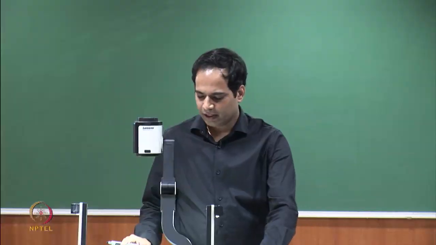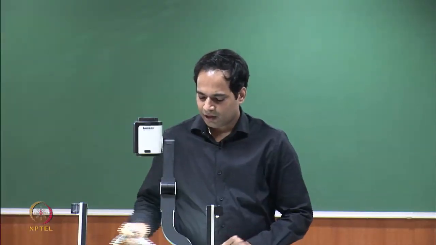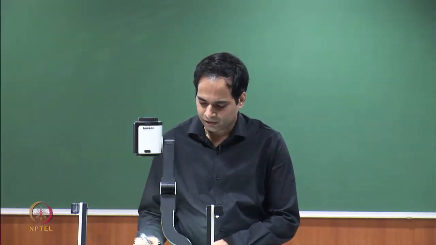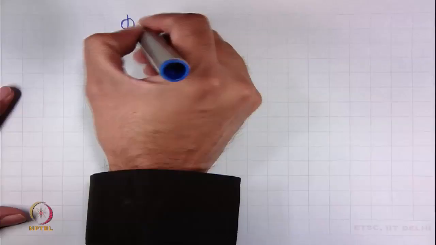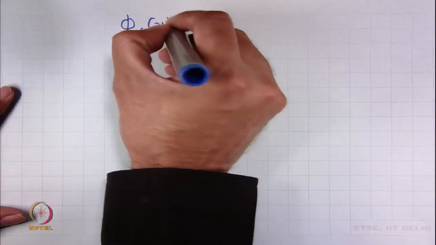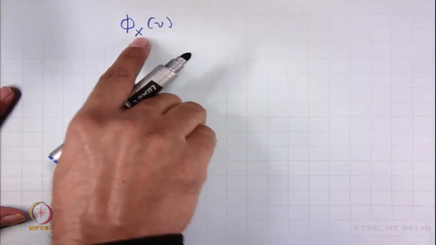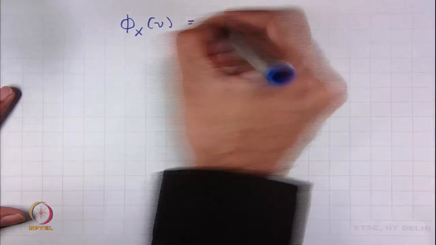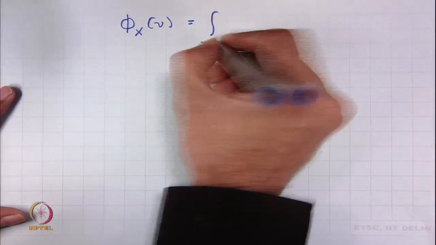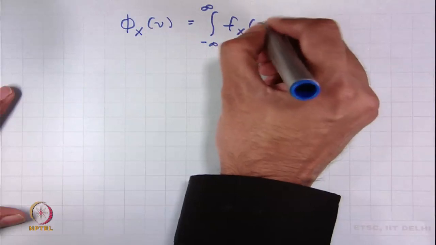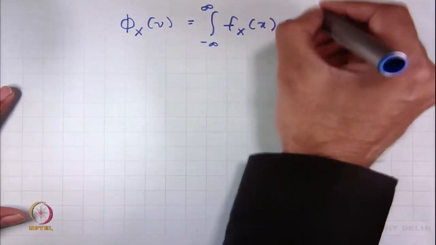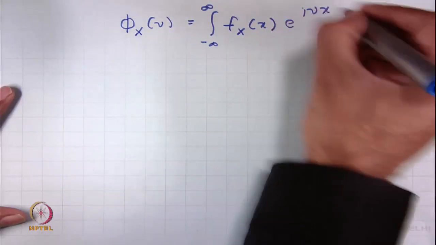Let us see how this characteristic function is useful, and let me write this again. The characteristic function we are writing for a random variable x is, in some form, the Fourier transform of the probability density function.